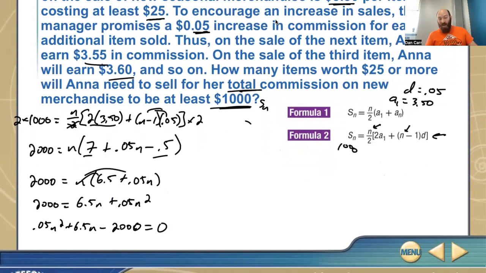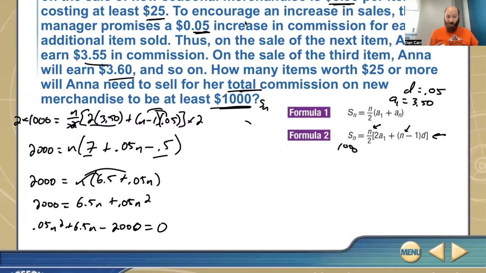If you're solving by factoring, you're going to want to turn this into a 1 in front, so you can multiply everything by the same number to make it an easier number to work with. Or we just put it in our calculators with the quadratic formula. I'm just going to pause it real quick so I can get that set up and we can get the final answer here.